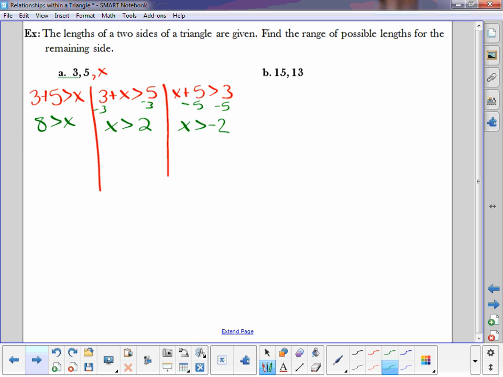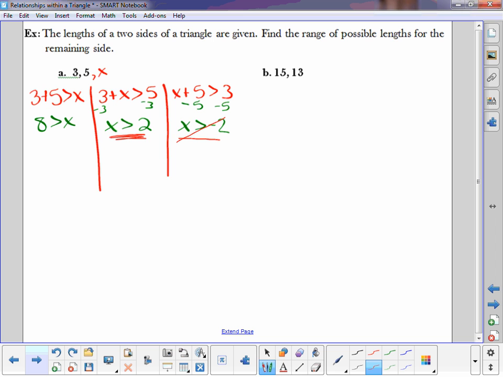Now, this is what Sam was just bringing up. Notice, if X is bigger than 2, doesn't that already meet the requirement that X is bigger than negative 2? If X is bigger than 2, then of course it's bigger than negative 2. So we actually don't need to worry about that one. It will not affect your answer because this has already taken care of that restriction.